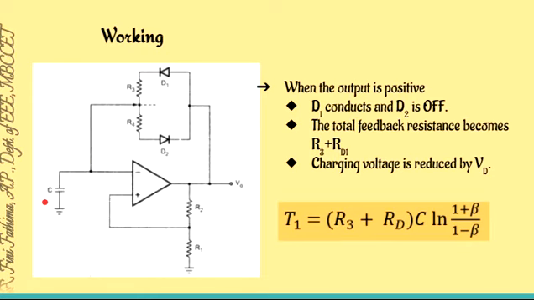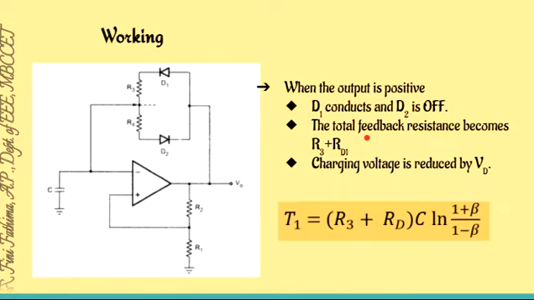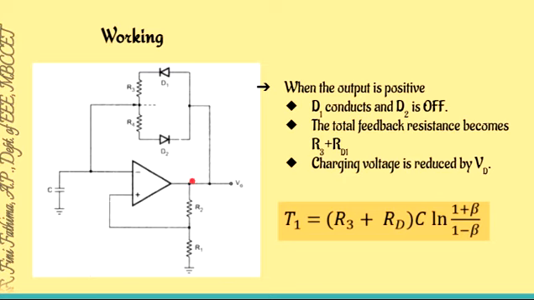So at time T1, when the capacitor is charging or the output is positive, the charging path is R3 and D1, and capacitor C. So I can write T1 is equal to (R3 plus RD), that is the total resistance here, into C ln((1 plus beta) divided by (1 minus beta)).